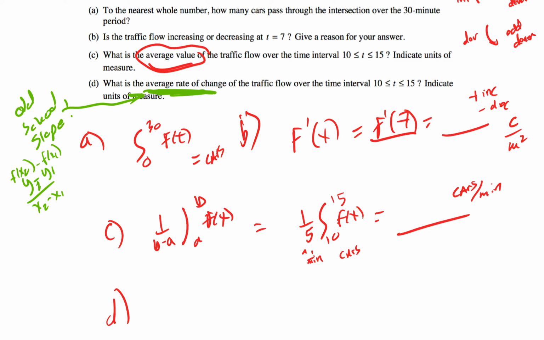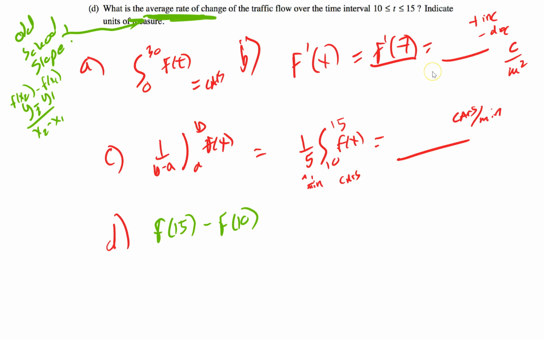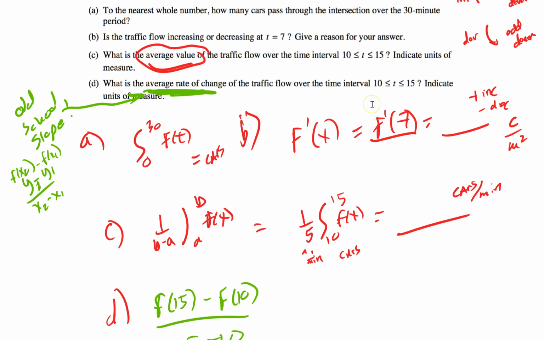So average rate of change is always this old school slope, and average value is always the integral. They want the old school rate of change for t between 10 and 15. So I'm going to go f of 15 minus f of 10 over 15 minus 10. Then you plug that into your calculator and get an answer.